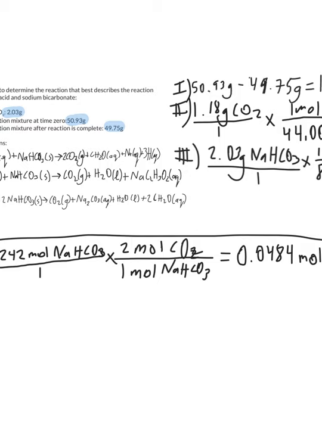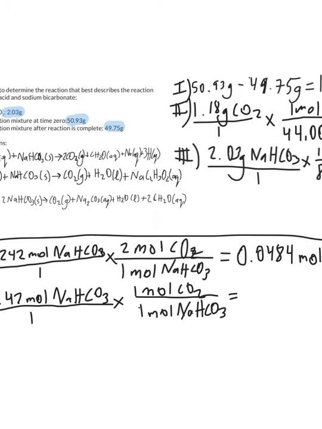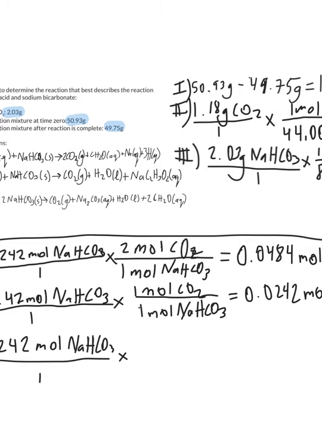And then we will do the same for B, except the ratio will be 1 mole CO2 to 1 mole NaHCO3. And then C, once again, we'll do the same thing, starting with our 0.0242 mole of NaHCO3, except the ratio will be 1 mole CO2 to 2 mole NaHCO3.